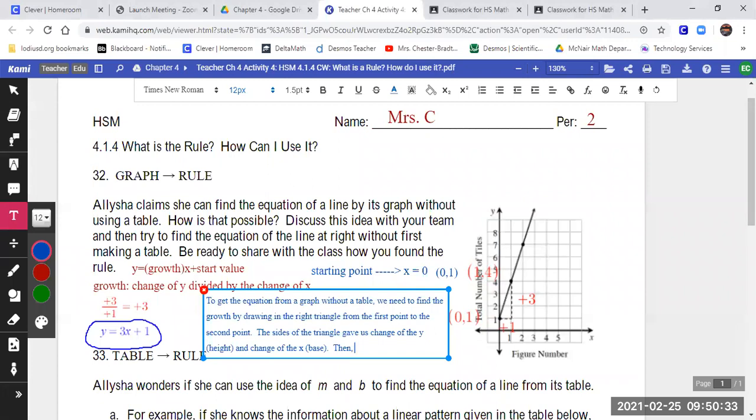Yes. Then look for x equals 0, because why do we need the x equals 0? What about that x equals 0 is important? If I have a 0 comma number coordinate, what is that for our equation?